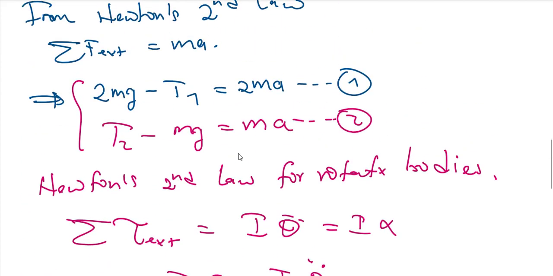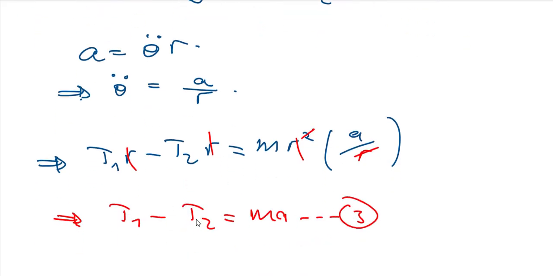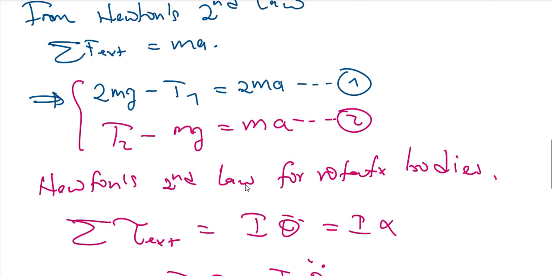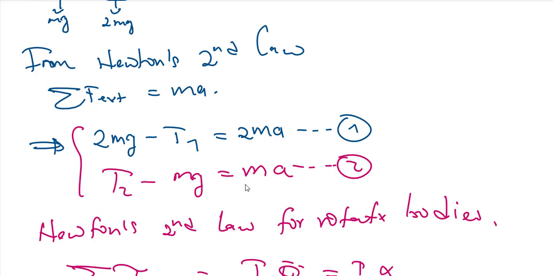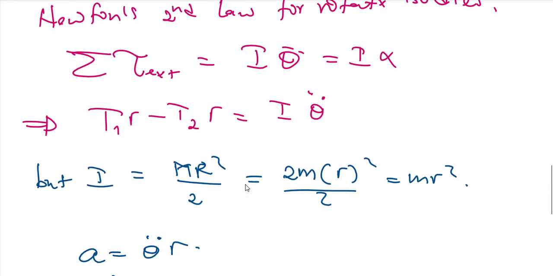Now from our first two equations, from equation 1 and equation 2, we can get another equation in terms of T1 and T2. But we are looking for the acceleration, so we have to eliminate tensions at all costs.